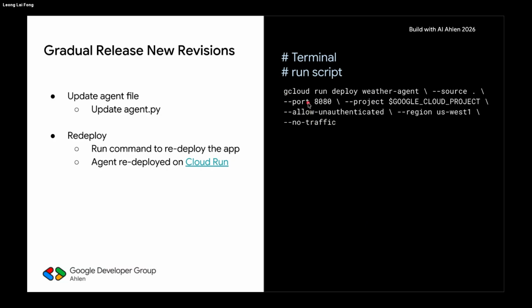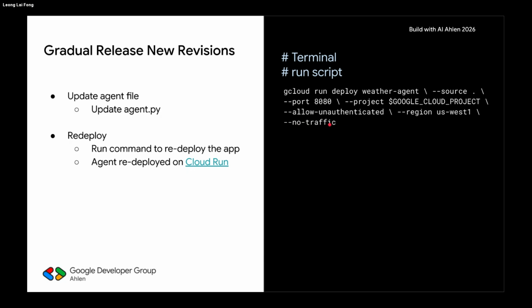The highlight here is this no-traffic option. With no traffic, it's not assigning any traffic, meaning when the deployment is done, you have two revisions. All the traffic still goes to the first application revision, because we are putting no traffic here.